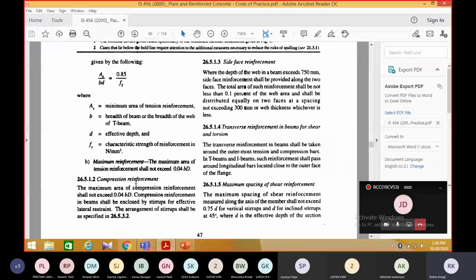For the compression reinforcement, the maximum area of compression reinforcement shall not exceed 0.04 BD. It should not be more than 0.04 BD. That is same as that of tension reinforcement.